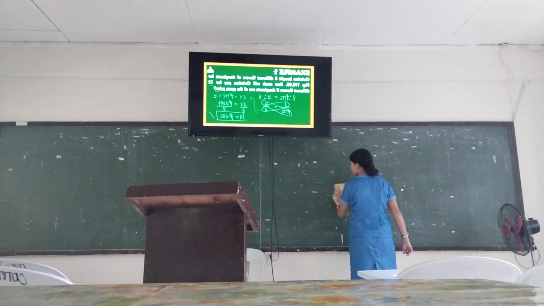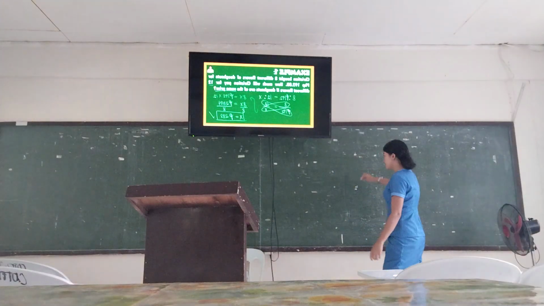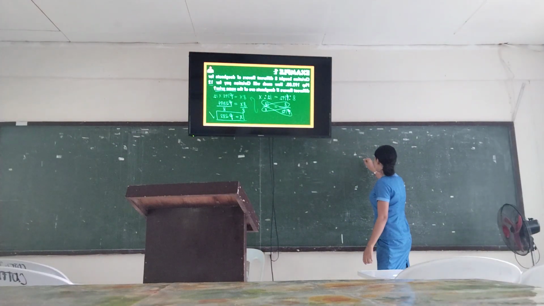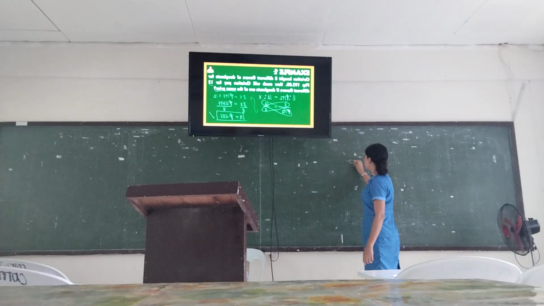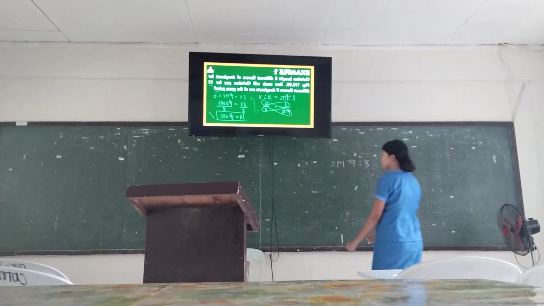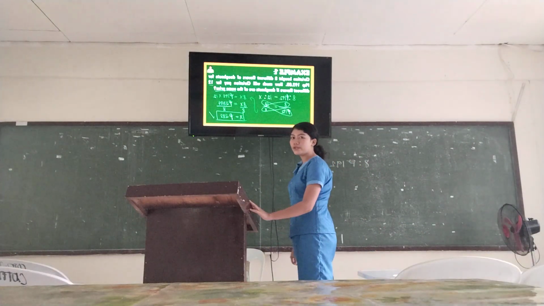This is called a proportion. 8 is to 192. So 8 different flavors cost 192.